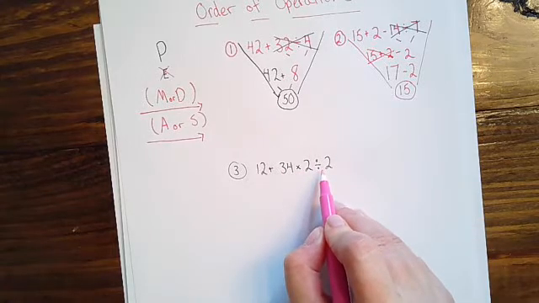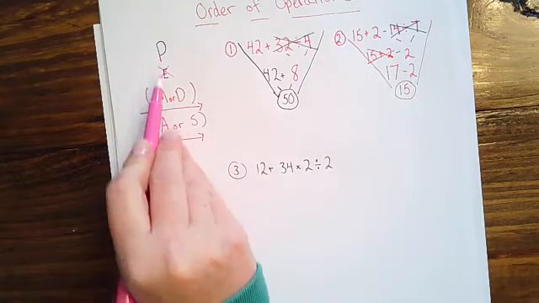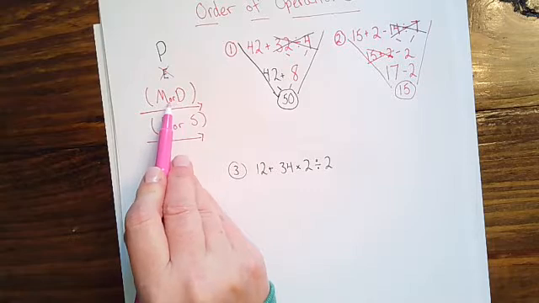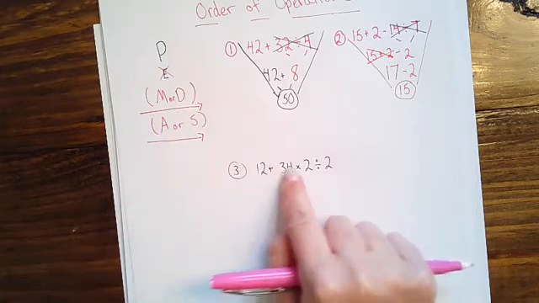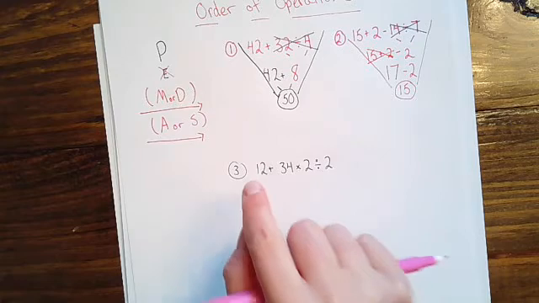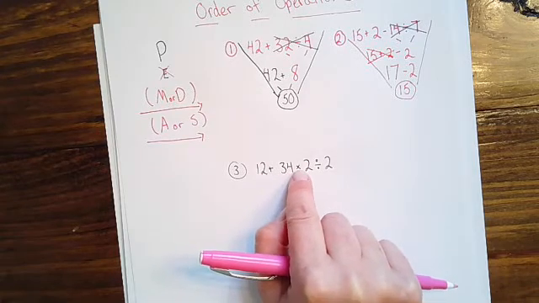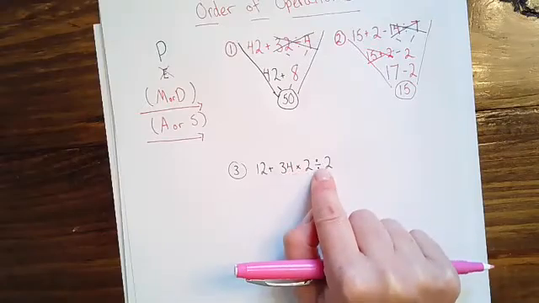So we have to decide what to do first. We're going to start with parentheses. There are none. There are no exponents. So then we're going to do multiplication or division, whichever one comes first, going from the left of the problem to the right of the problem. So I'm going to start here. I've got addition, I've got multiplication. That's us right there. We're going to do this before we do the division.